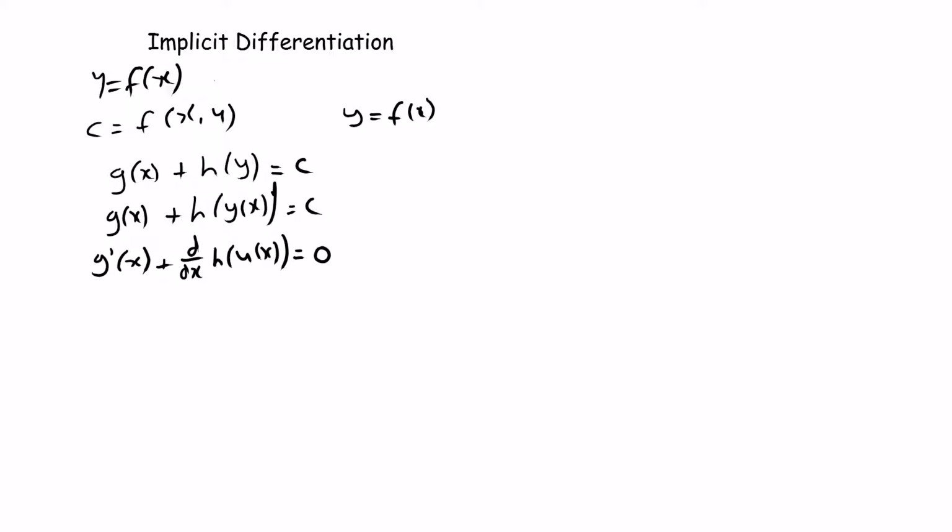Now, having a look at this term here in the middle, on the right hand side here, we can see that we have a function of a function. So if we want to differentiate a function of a function, we use the chain rule.